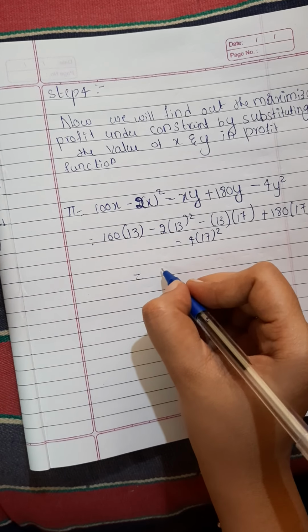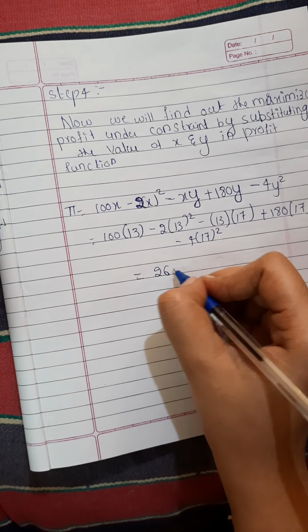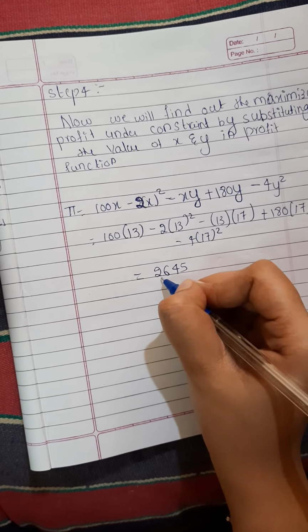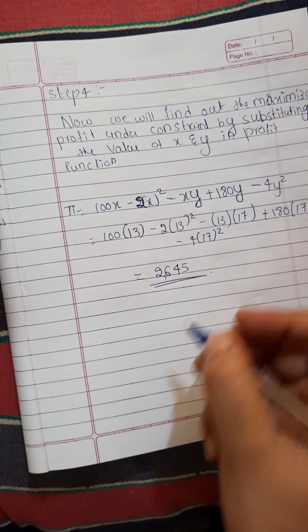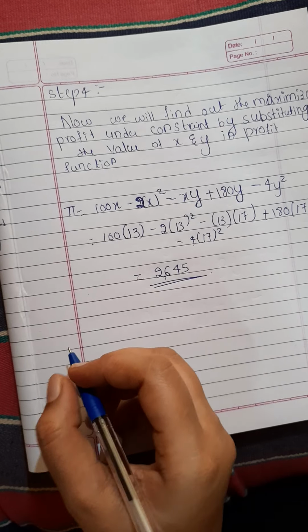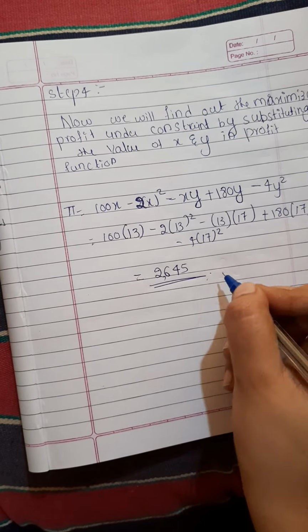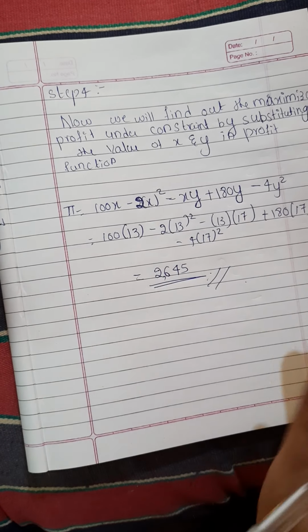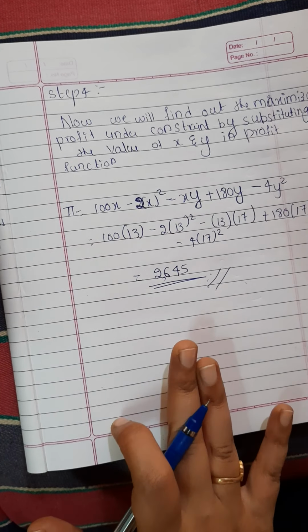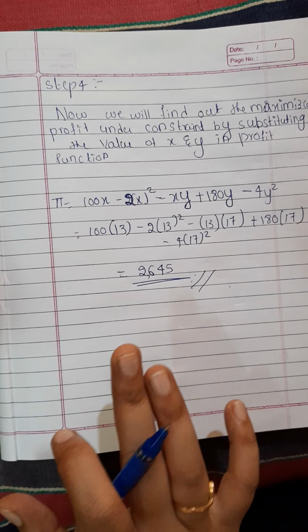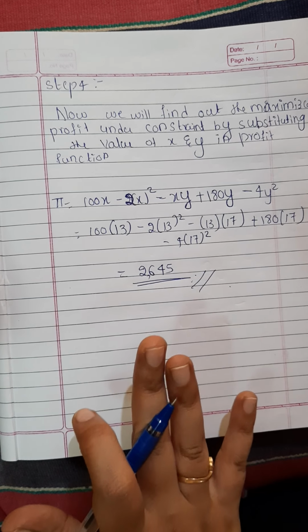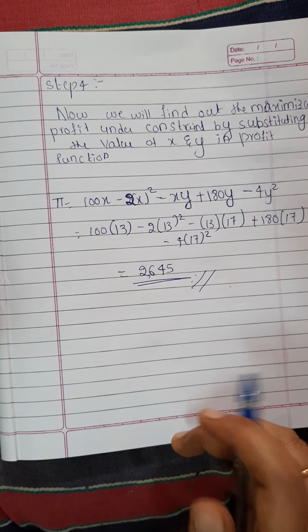This will be equal to 2645. So the profit under the constraint will be equal to 2645.